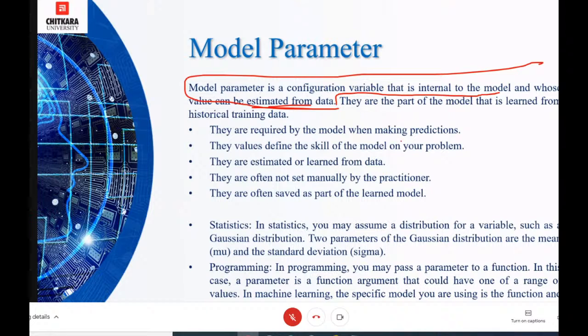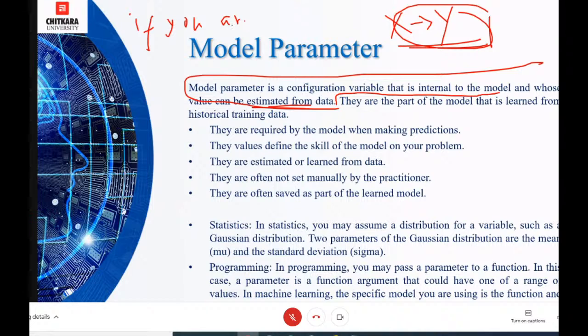For example, by considering X, Y is automatically associated. For example, if you are taking alcohol, the chances of smoking are high.